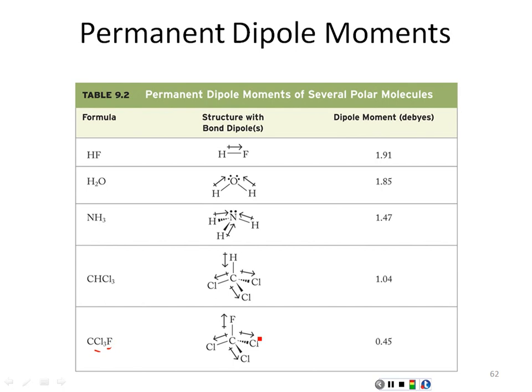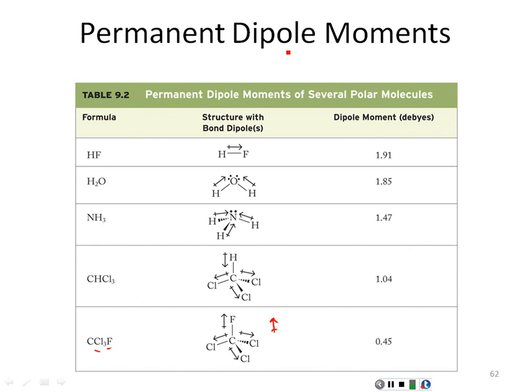All 4 of those bonds again are polar, but the fluorine is just a little bit more electronegative than chlorine, so you get a slight net dipole in that direction of the molecule. This table in your book is really good practice. If you can look at these molecules and understand that they are polar and there is a net dipole, you'd be in good shape.